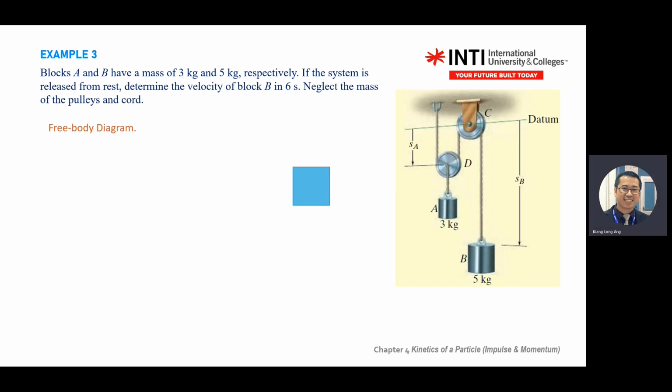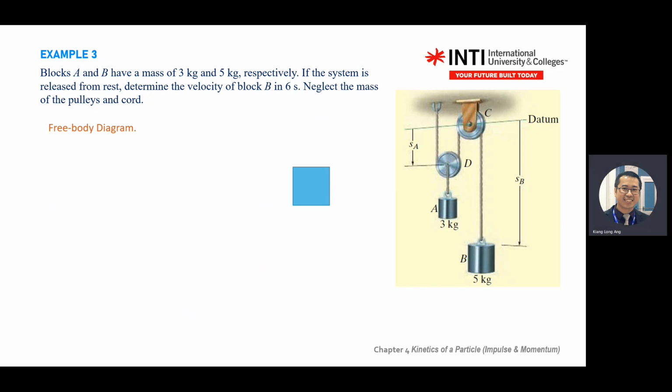What is the free body diagram for A, Nico? How do you draw a free body diagram? Free body diagram for A. Okay, your answer is 2SA. I'm asking you to draw a free body diagram. Inside a free body diagram, what is your focus?